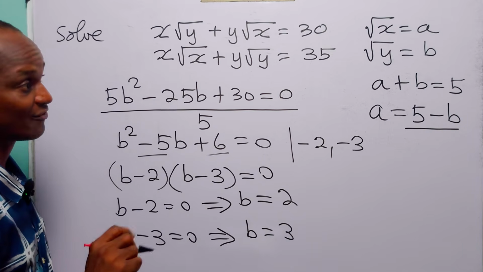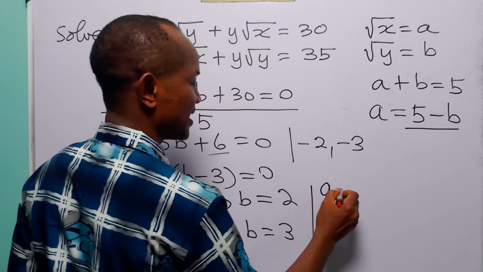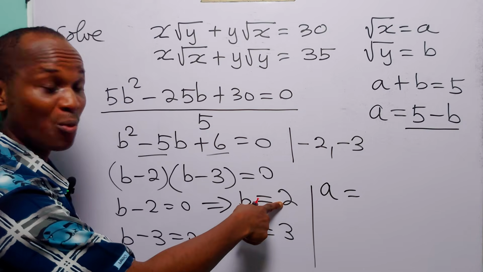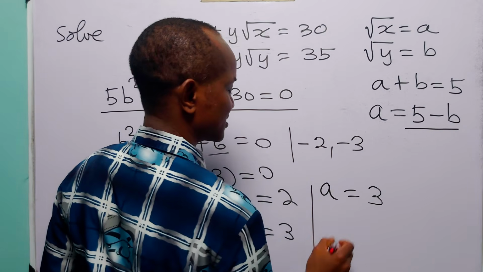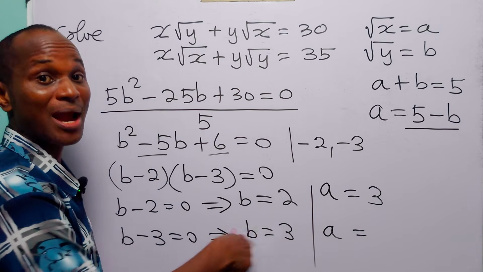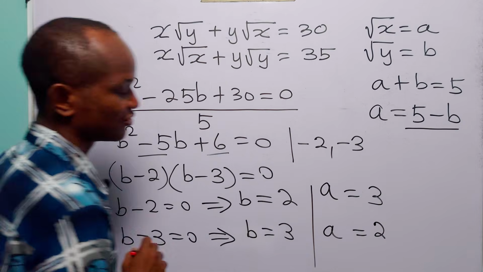And of course, we can find a now. From this equation, we have that a is equal to 5 minus 2 when b is equal to 2. 5 minus 2 is 3. And a is equal to 5 minus 3 when b is equal to 3. 5 minus 3 is 2.